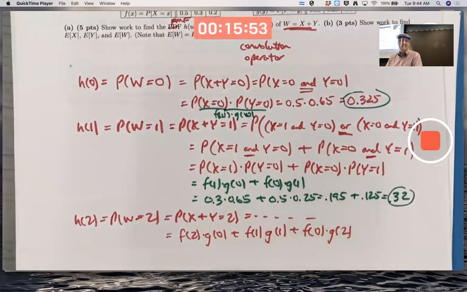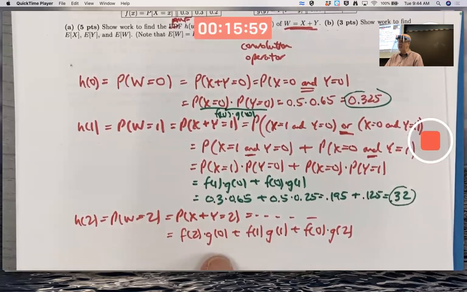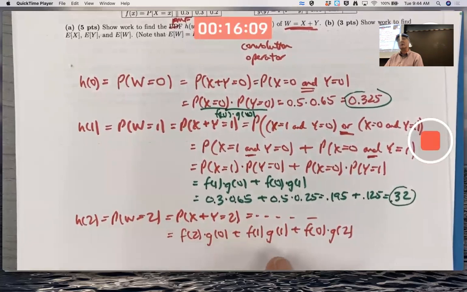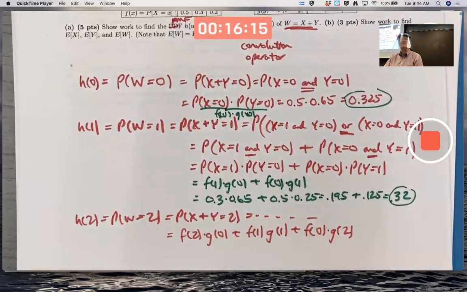Why? Because F of 2 means X equals 2. With G of 0, we're referring to the probability that Y equals 0. One way X plus Y can equal 2 is if X is 2 and Y is 0. Another way X plus Y could equal 2 is if X is 1 and Y is 1. And a third way that X plus Y could equal 2 is if X is 0 and Y is 2.